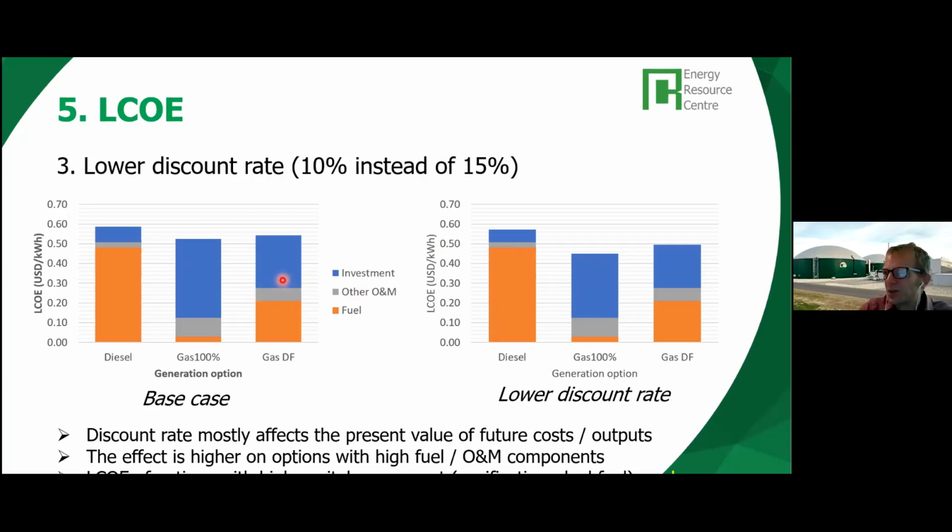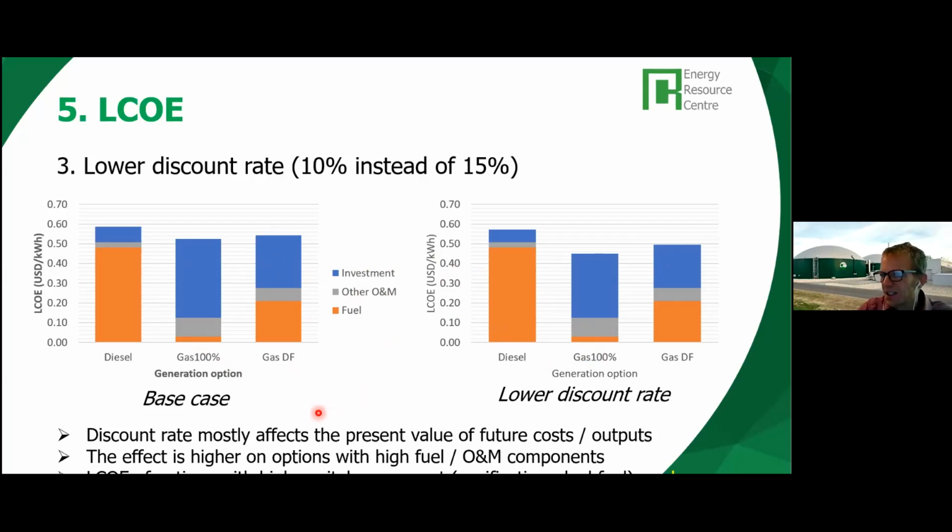And for the dual fuel case, we go from 54 cents to just about 50 cents. So here we see that the gasification case is most affected in a positive way by the lower discount rate.